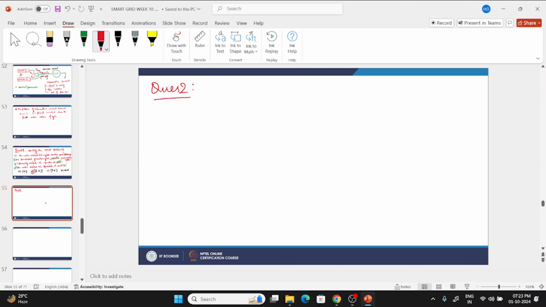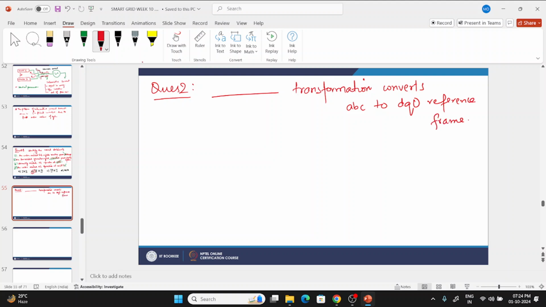Question number two. Transformation converts ABC to DQ reference frame.